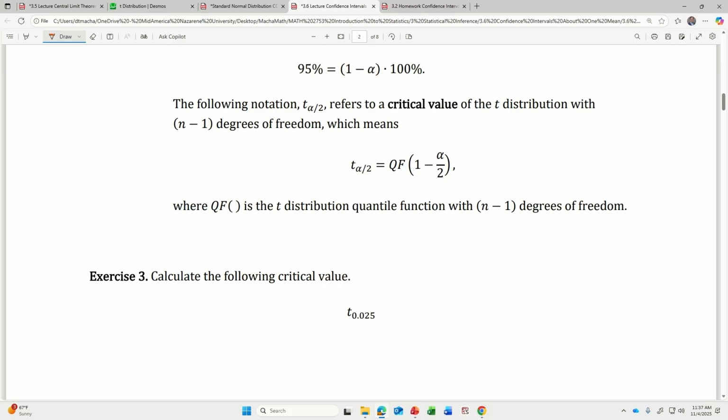You actually do have a paper of the t distribution quantile function that I passed out at the start of class. And you still have a different distribution for every degree of freedom. So you'll notice that the rows on this table are degrees of freedom. You get a bunch of different t distributions for different degrees of freedom.